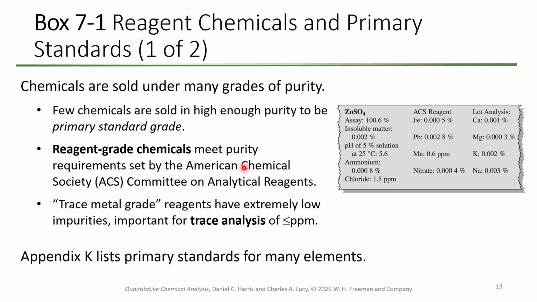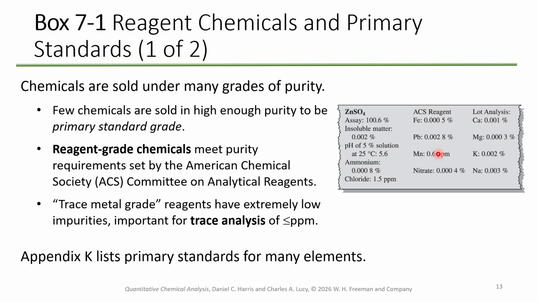Chemicals are sold under many grades of purity. A few chemicals are sold in high enough purity to be a primary standard grade. It's not exactly common for them to be sold that way, though you can get many different chemicals that way. Reagent grade chemicals meet purity requirements set by the ACS Committee on Analytical Reagents. Reagent grade is really good for a reaction.